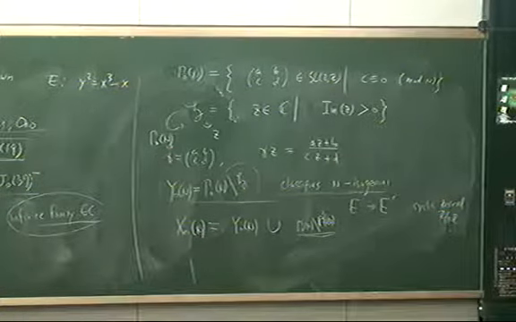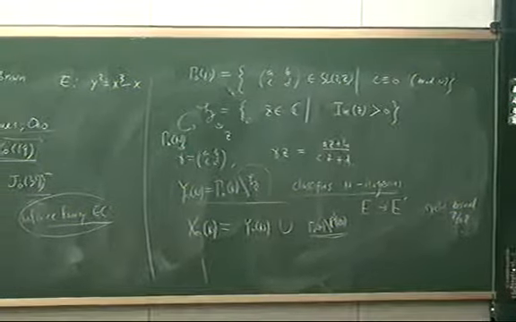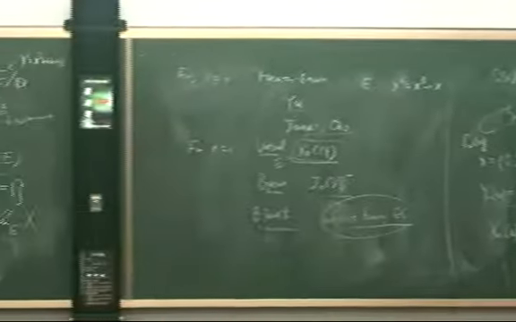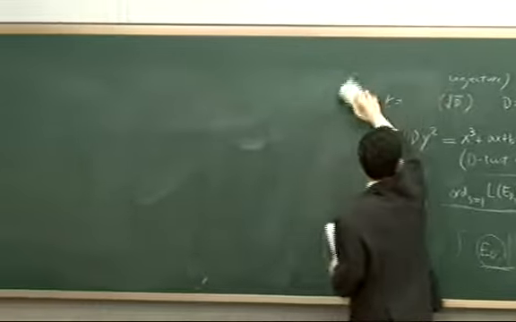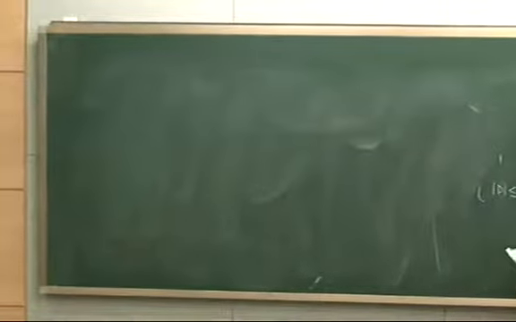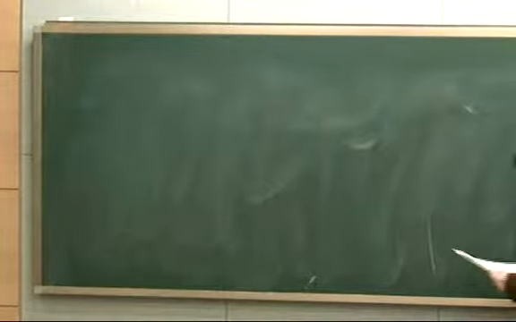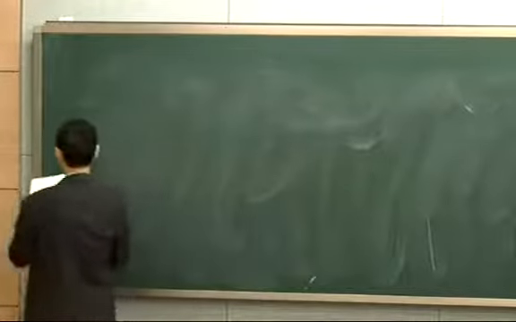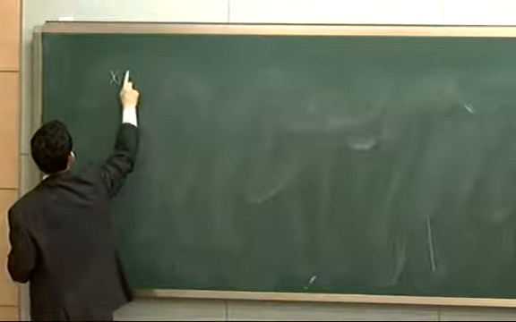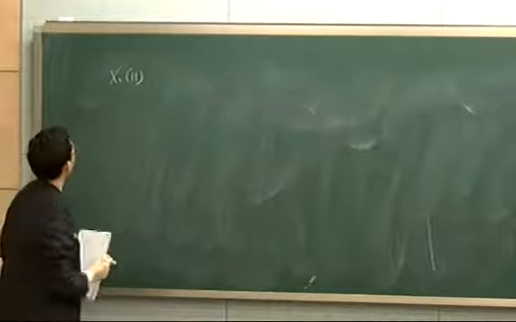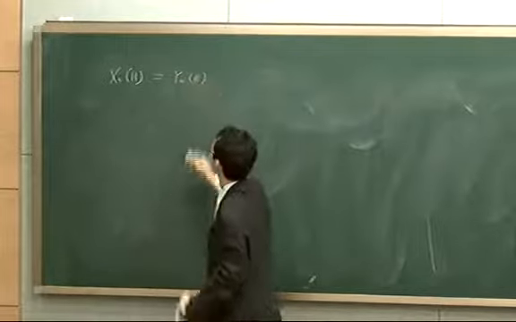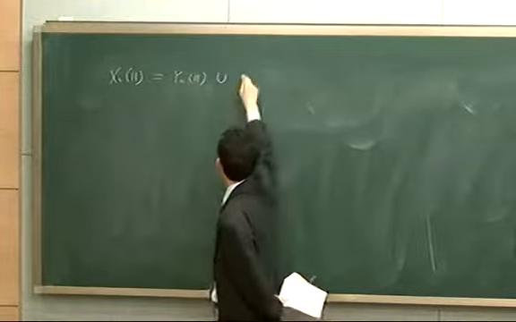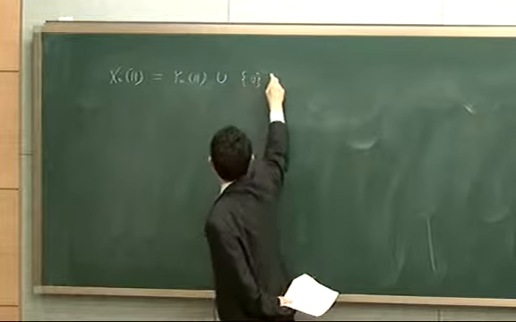So let me focus on a particular example. There is a well-known theory of modular curves, and X_0(11) is the union of Y_0(11) and two cusps, 0 and infinity.